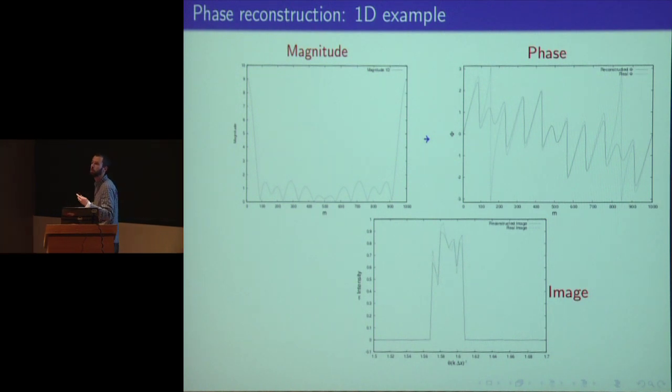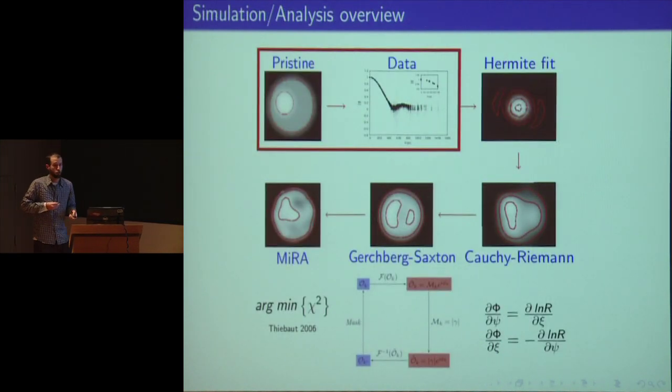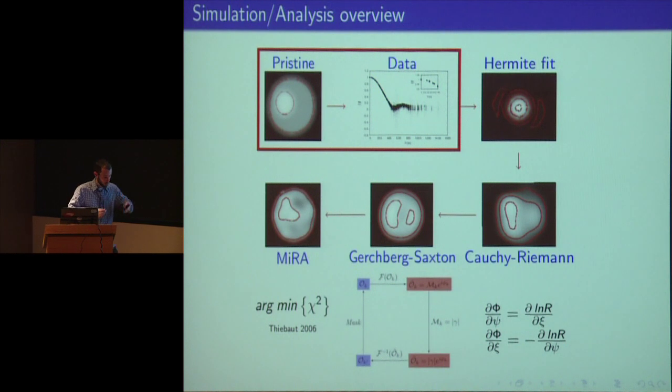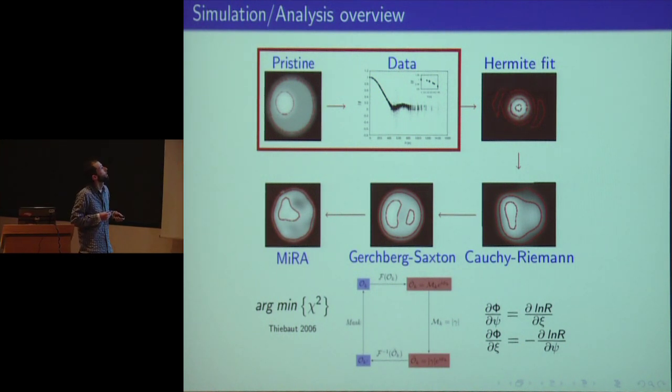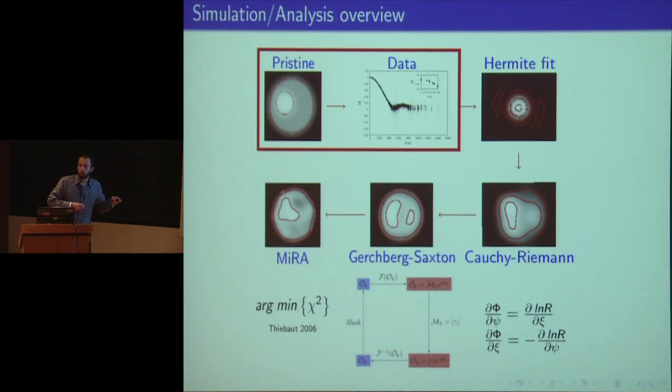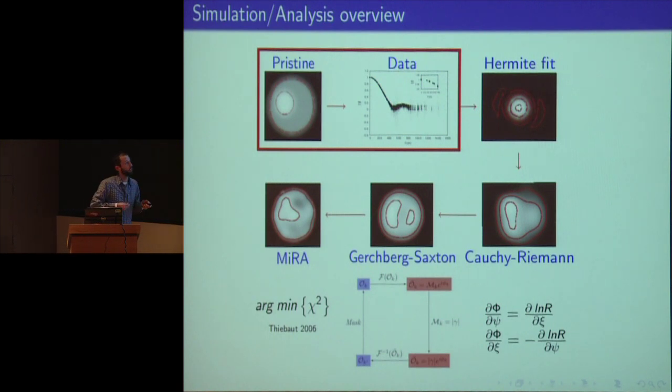Now, what I did was extend this to two dimensions and analyze simulated data from future intensity interferometers. You work in slices in the UV plane. Starting from a pristine image, for example a star with a hot spot a few hundred degrees Kelvin hotter than the rest of the star, I simulate data as would be obtained with the CTA array and run it through some analysis that I developed.